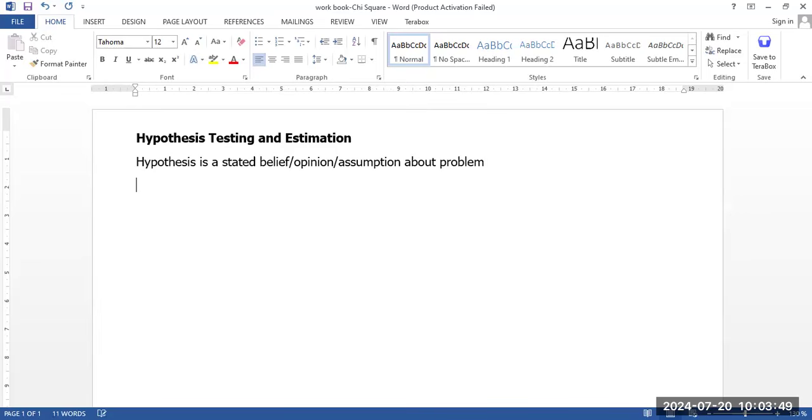So it means that hypothesis testing is basically a process you're going to follow to confirm the stated belief.